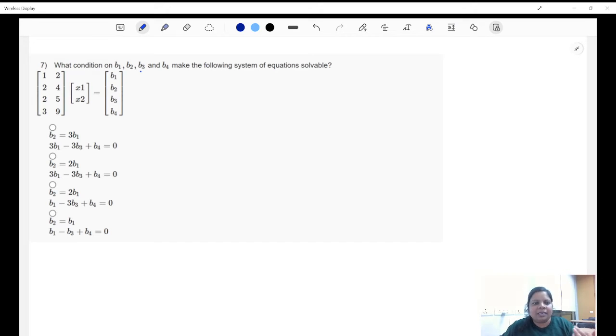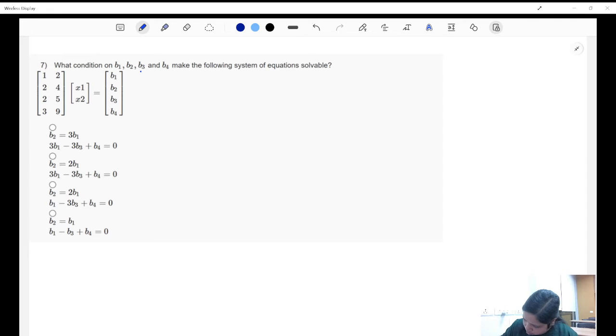We should convert it into echelon form and reduce the number of equations, so that we get only a few equations. But any operation that you apply on the A matrix, how is it going to be applied on the B matrix? For that you need the augmented matrix: whatever I am doing to the A matrix, I should be doing to the B matrix as well. So you bring the augmented matrix together, and then you can perform all the row operations and column operations.